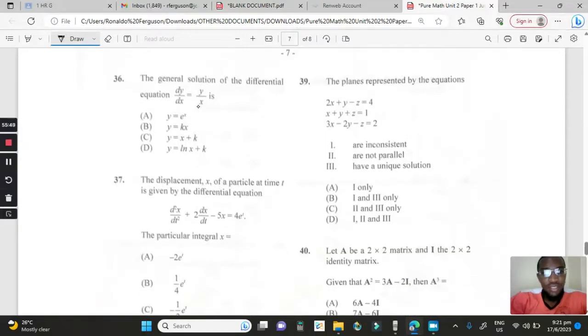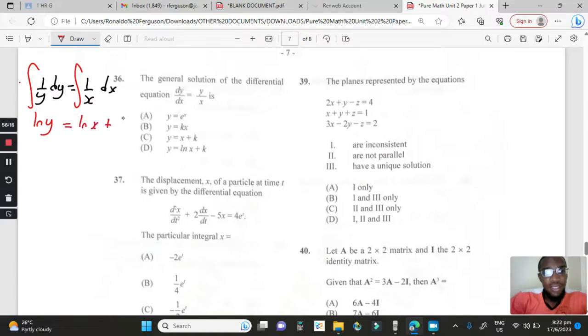Now we're on to differential equations. So cross multiply. We can divide out y, so that is 1 over y dy, and this is equal to 1 over x multiplied with the dx here. Then we're going to integrate both sides. When we integrate 1 over y, it's ln y. Integrate 1 over x, it's ln x plus some constant.